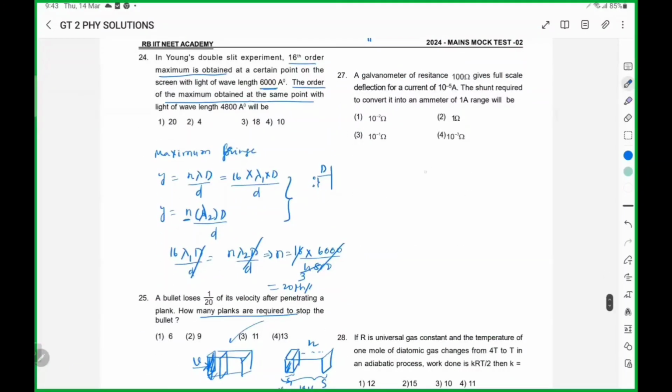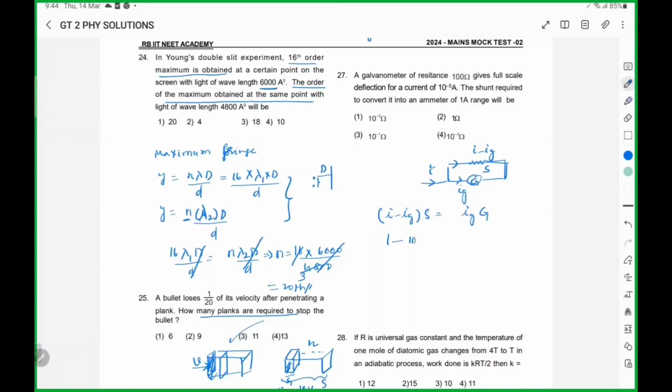A galvanometer of resistance 100 ohms gives a full scale deflection. The current I passes through it. So here the shunt is connected in parallel. The current passing through the shunt resistance: (I minus Ig) into S equals Ig into G, where Ig is the maximum current in the galvanometer. So the total current range is 1 ampere.